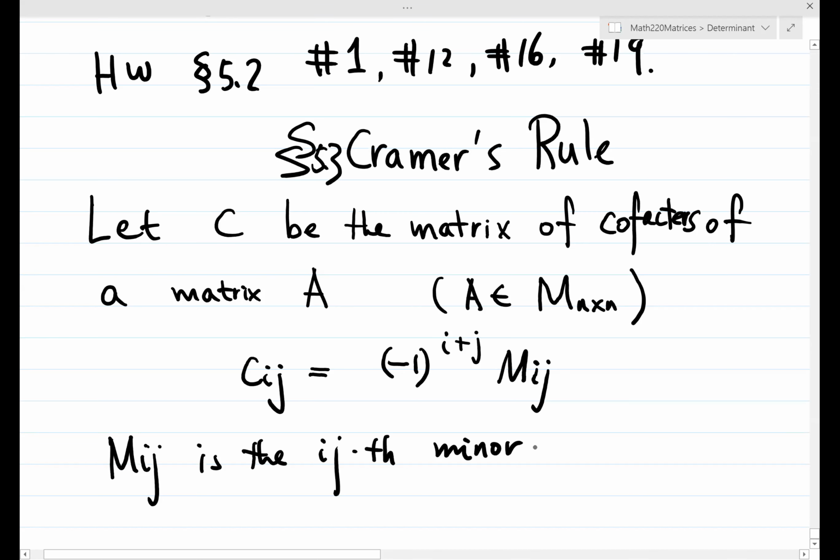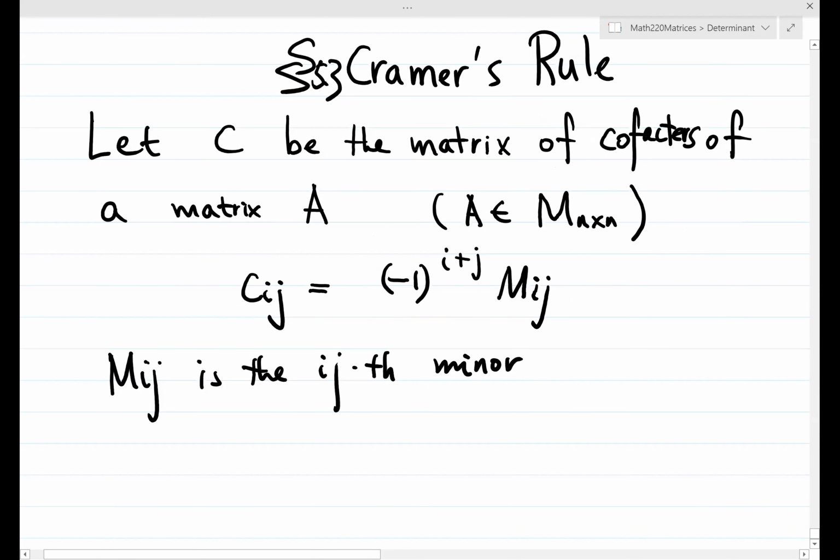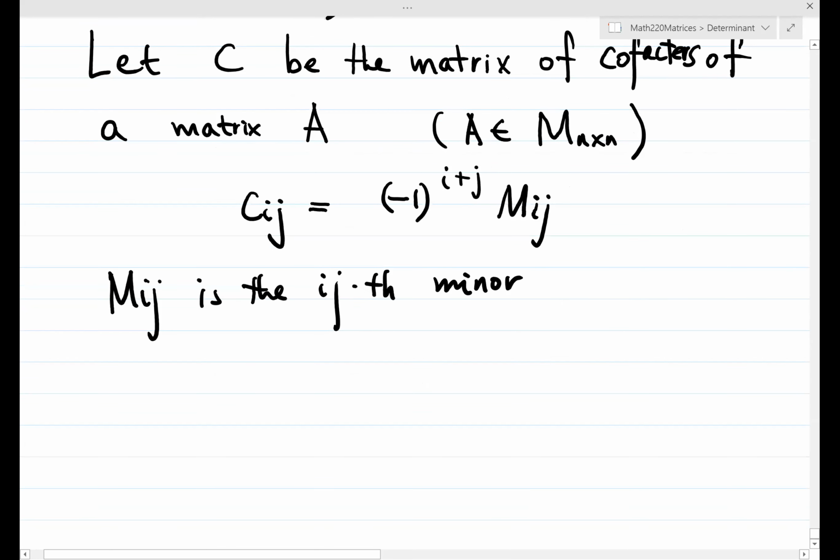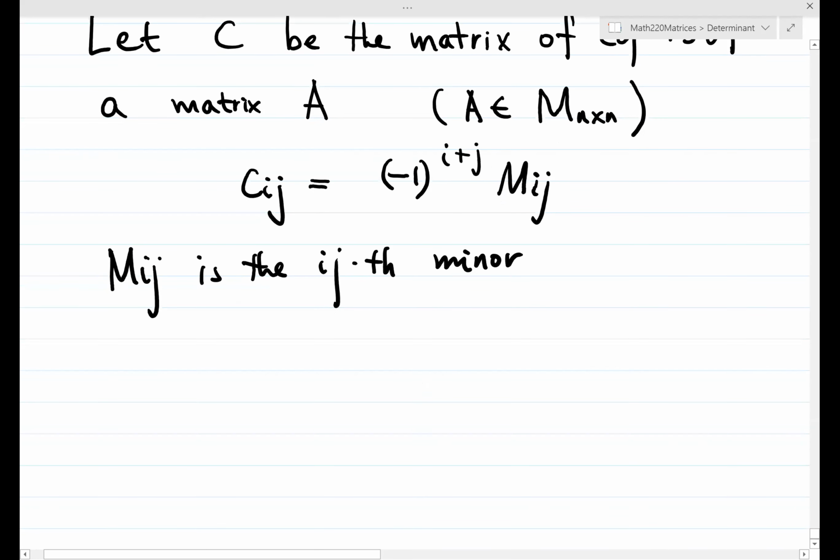Remember, a minor of a matrix is obtained by deleting the i-th row and j-th column, and then taking the determinant. Now Cramer's rule says we can find the inverse of a matrix explicitly by the matrix of cofactors.